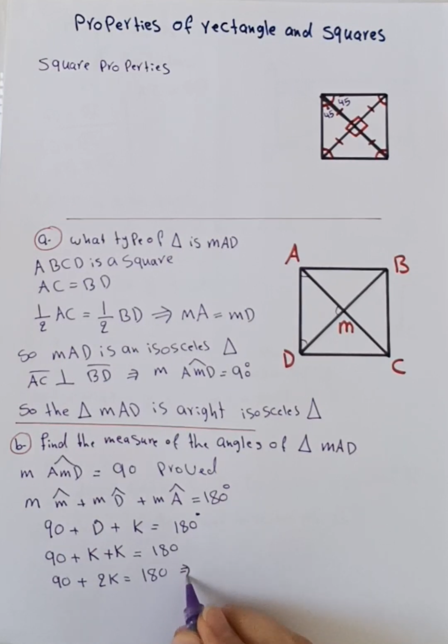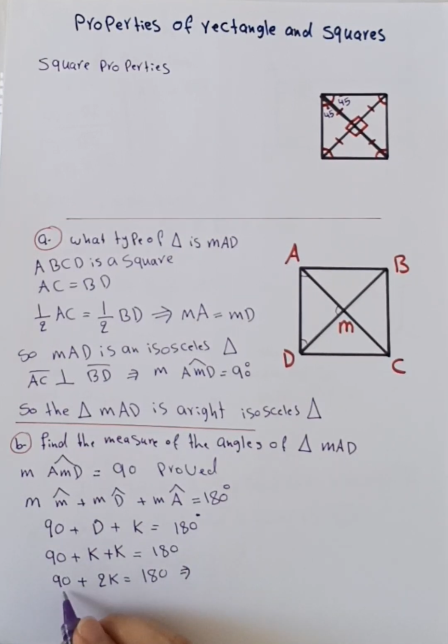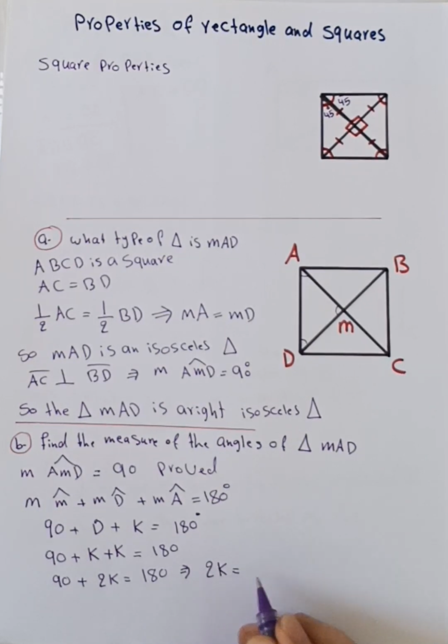So we have to move the 90 to the right side. 2K equals 180 minus 90. 2K equals 90, and then you have to divide both sides by 2.